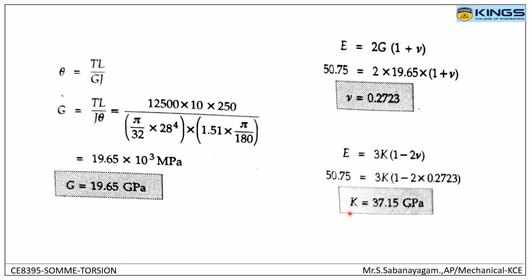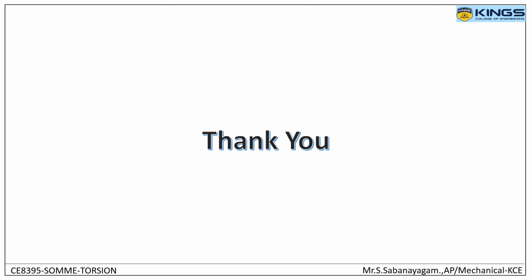So first thing we have found is E, that is Young's modulus, from the relation del L is equal to PL by AE, and the second thing is rigidity modulus G, and then third thing is nu, that is Poisson ratio, and finally the bulk modulus. Hence these are all the data we had found in this question. So right, thank you.